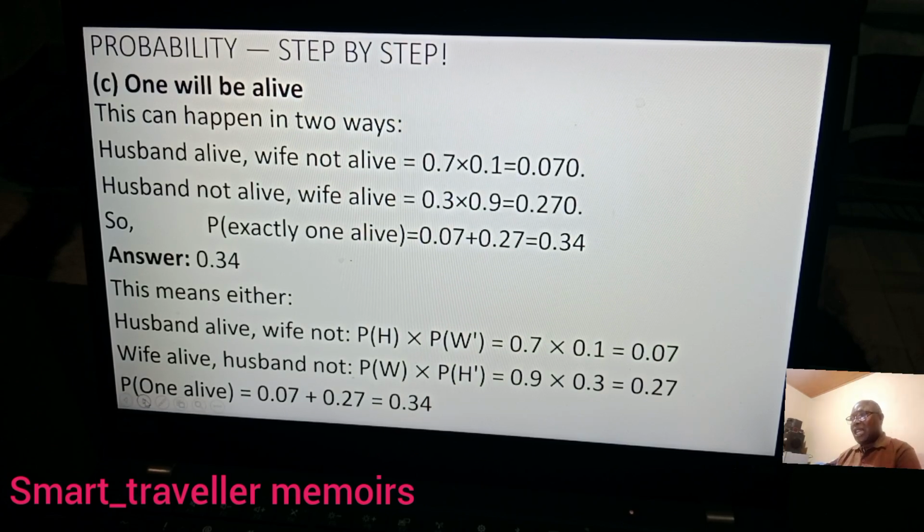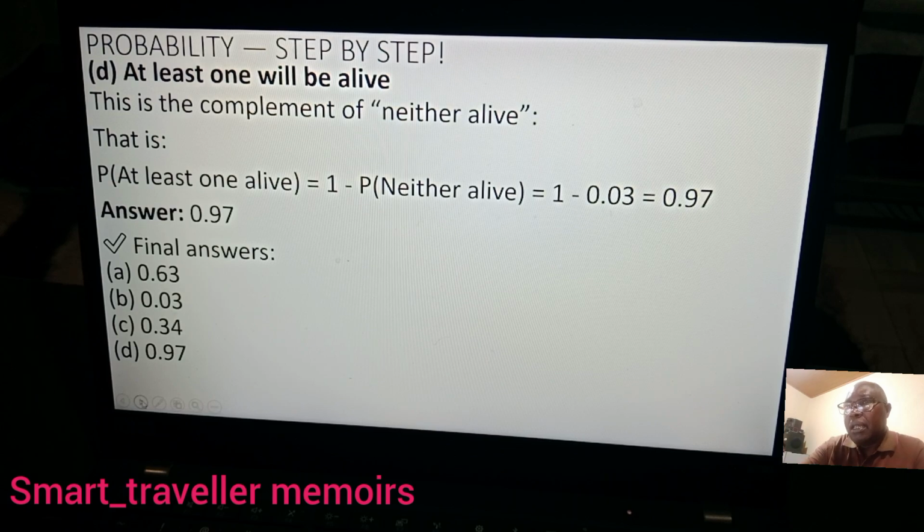Wife alive, husband not, probability of wife times probability of husband not, and it will be 0.9 times 0.3, which is 0.27. So P1 alive is equal to 0.07 plus 0.27, which is 0.34. So I'm giving this to show you how you work in mathematics.